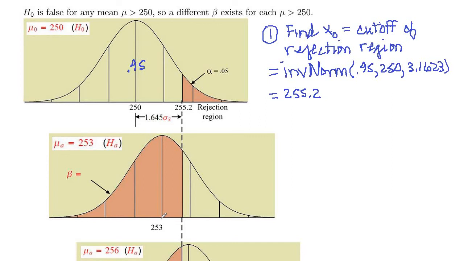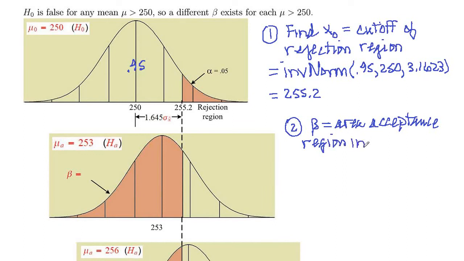And then in that alternative distribution, we want to find this shaded area, which is the area of the acceptance region, and that is beta. So step 2 is that beta equals the area of the acceptance region in your alternative distribution.